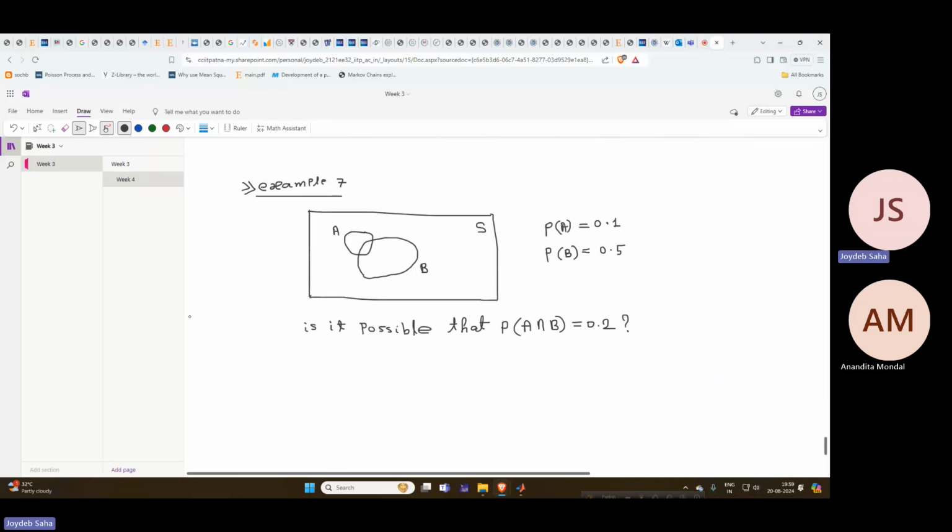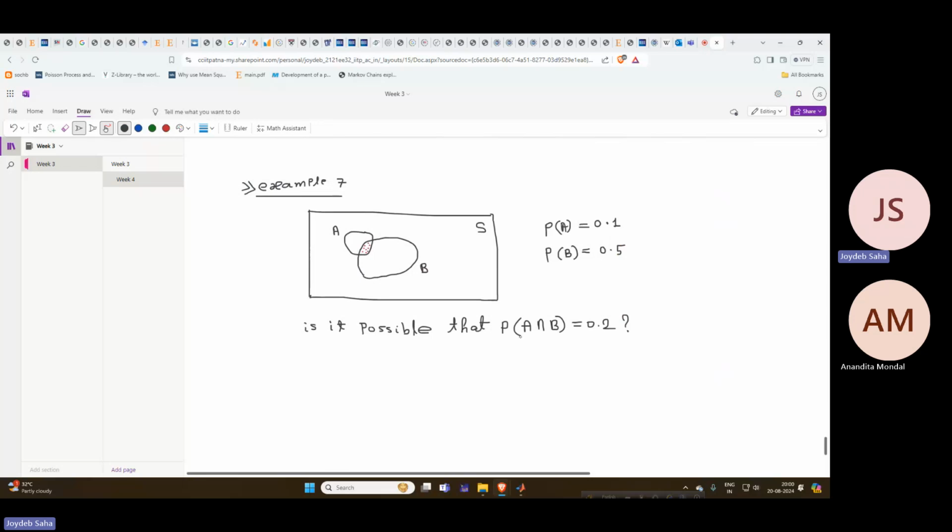It is given that this is a sample space, this is A, this is B, and this portion is A intersection B, right? So we are saying probability of A is 0.1, probability of B is 0.5.